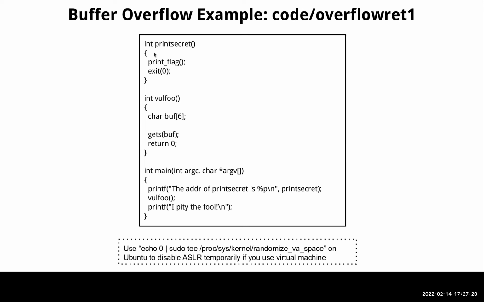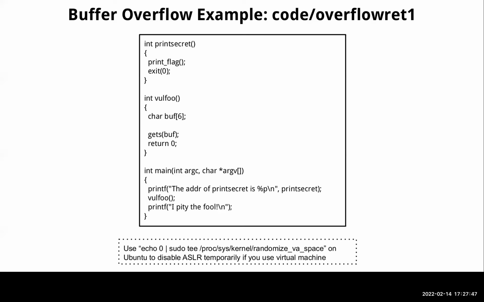This function doesn't really do much. It prints out the flag, then exits. The main function will first print out the address of that. This is not really necessary, but I just want to make it easier for you guys. After that, it calls the val foo. Val foo has a buffer which is 6 bytes in C code. Remember, 6 bytes in C code doesn't mean 6 bytes in the binary code.